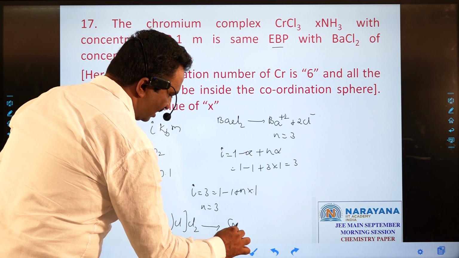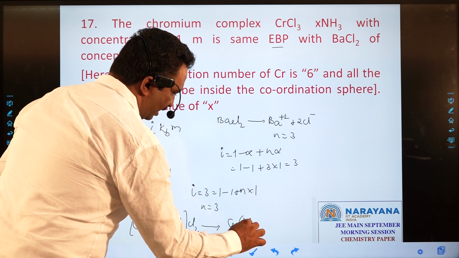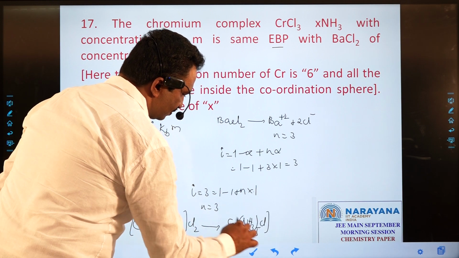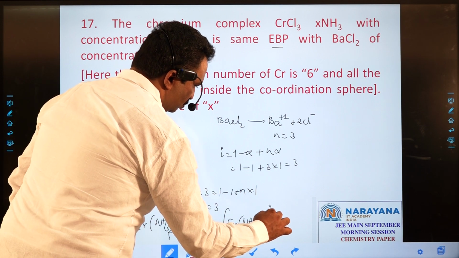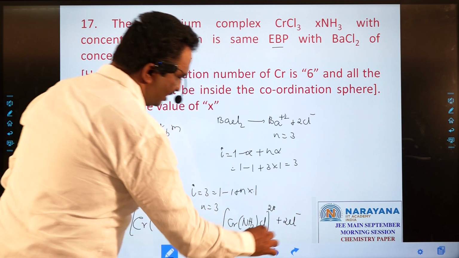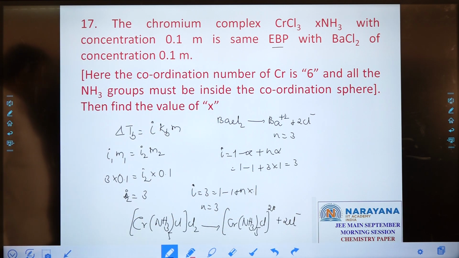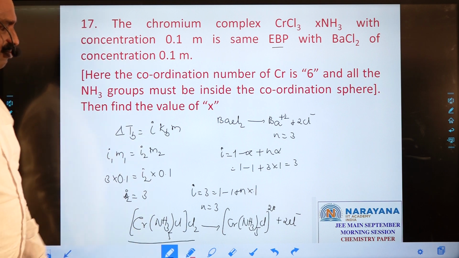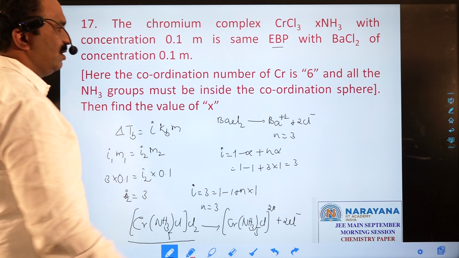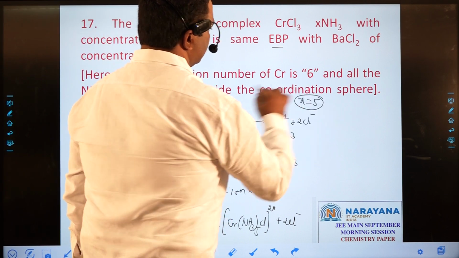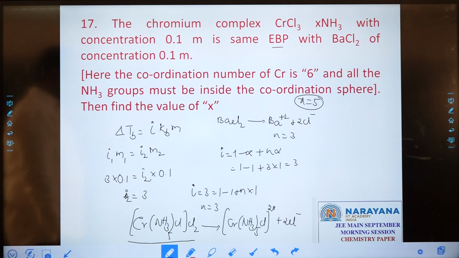That means the complex can be [Cr(NH3)5Cl]Cl2, that is [Cr(NH3)5Cl]2+ plus 2 Cl-. So this is the number of ions 3 possible with this type of complex. From that, what is the X value here? X is equal to 5 possible. X is 5.